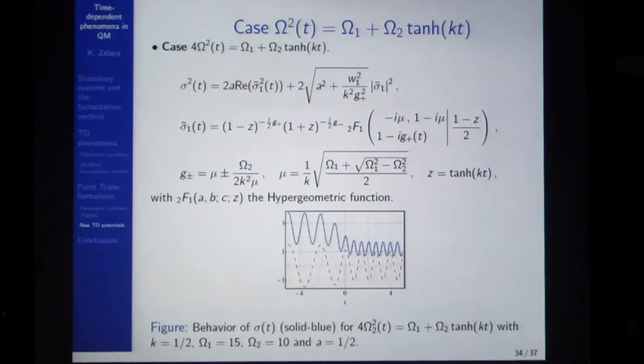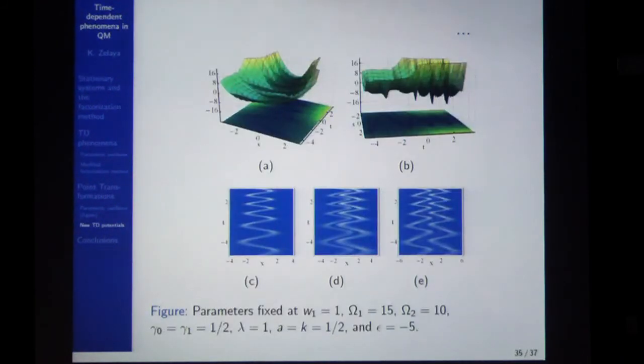So it can be seen like a step function, but it's a smooth function that regularizes the step function. Well, the solutions for the sigma are basically hypergeometric 2F1, and the new potentials look like this. And these are the probability distributions. Again, you can check the zeros, the orthogonality, and all the properties.